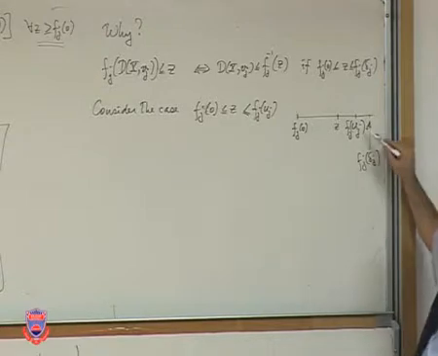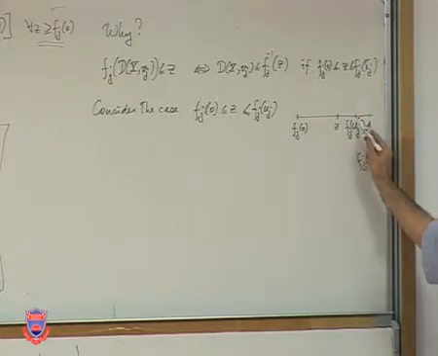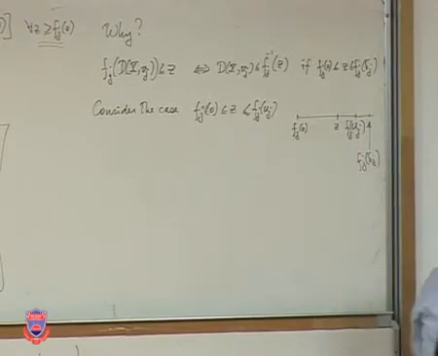By assumption, Fj of uj is less than or equal to Fj of delta j somewhere. Z can be either in this part or here. I'm just looking at the first case.